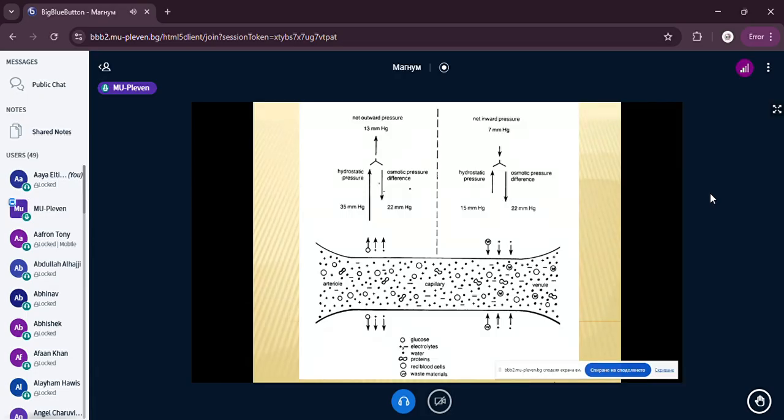The left side, which is closer to the heart, we will term arterial, and the other side venous. And that's why it is given here arterial and venous.